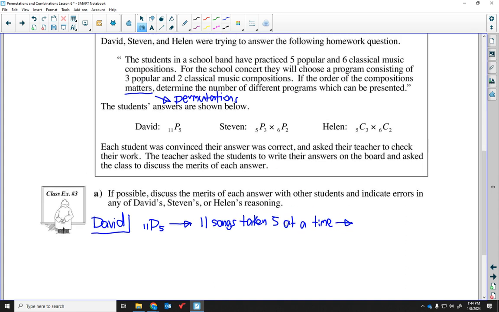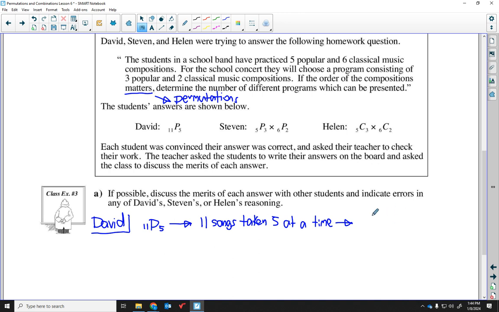Now, the problem right here is that his calculation does not distinguish between popular or classical compositions. So this is wrong. What he's really doing right here is just saying you have 11 songs, we're going to pick 5 of them, what are all the different arrangements that we can get? But again, it doesn't distinguish between those 2 different music genres.